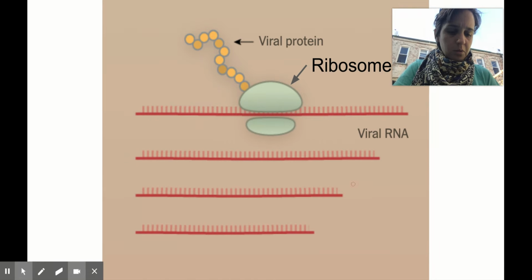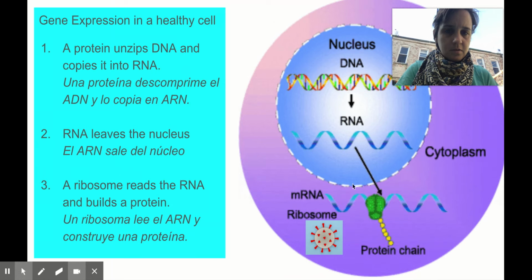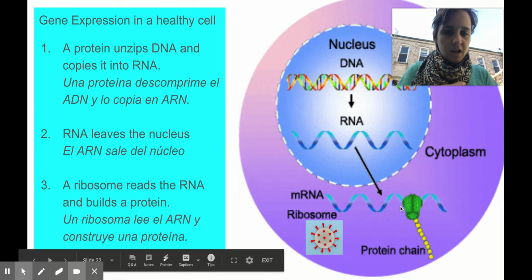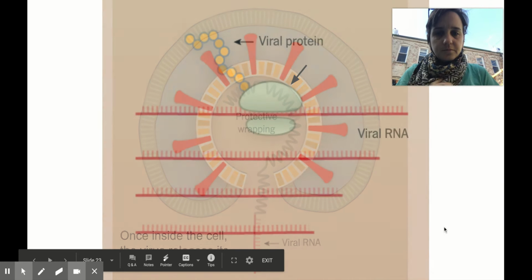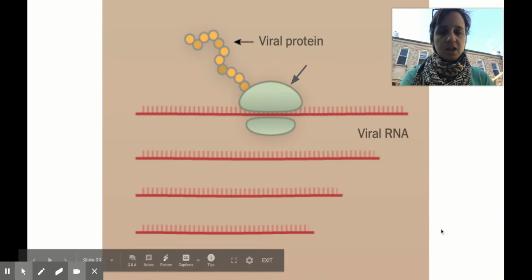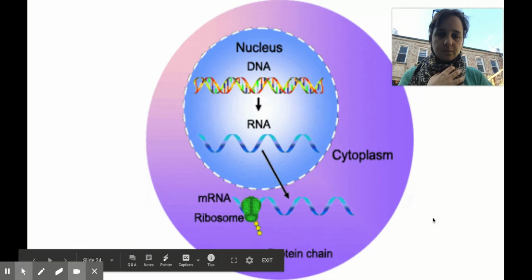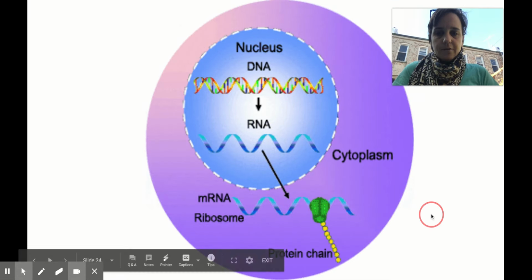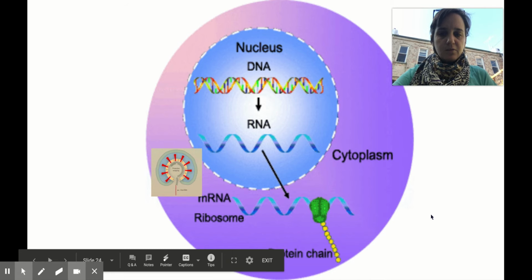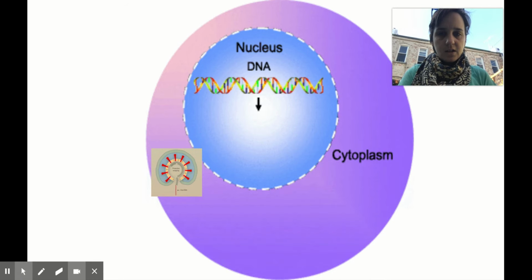Now remember, if it's reading my RNA, it's going to build a helpful protein. But what's going to happen if it's reading viral RNA? Well, let's see. If the virus comes in and releases its RNA, then this RNA is no longer my RNA.